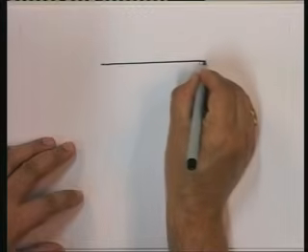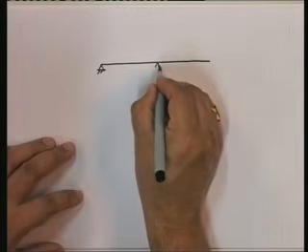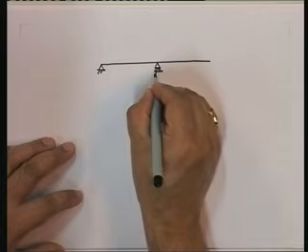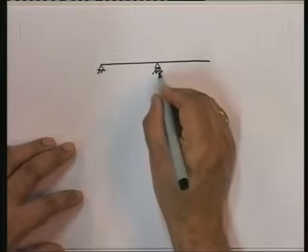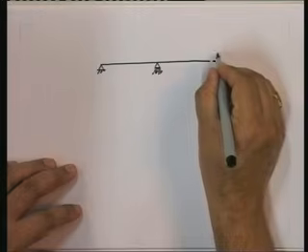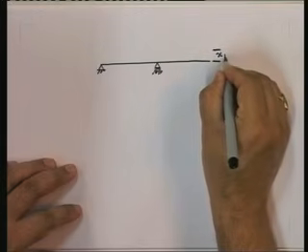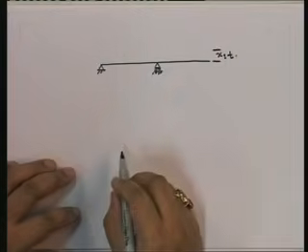Again, we go back to the basic structure. This is my structure. And what I need to do is find out how much this has gone up due to the differential temperature.